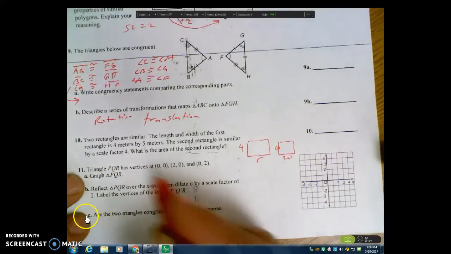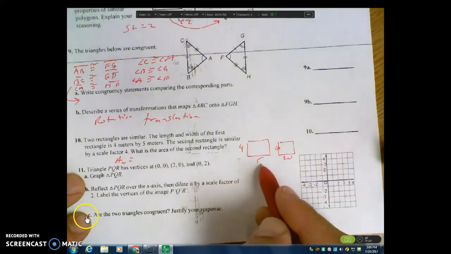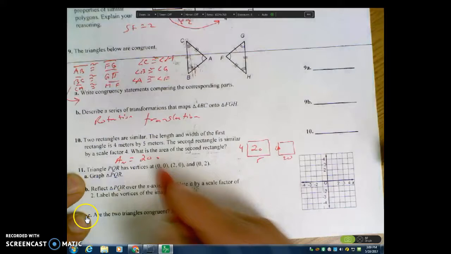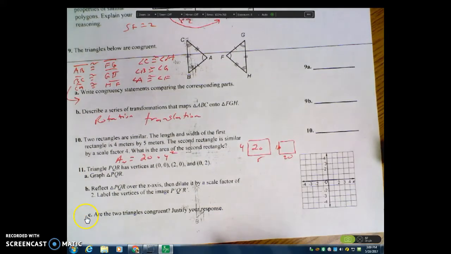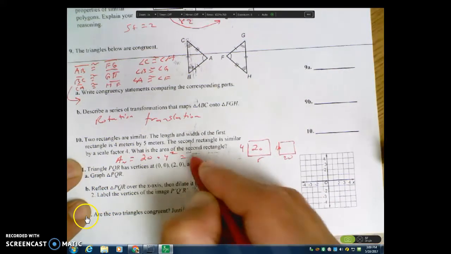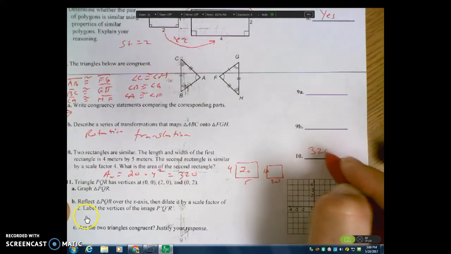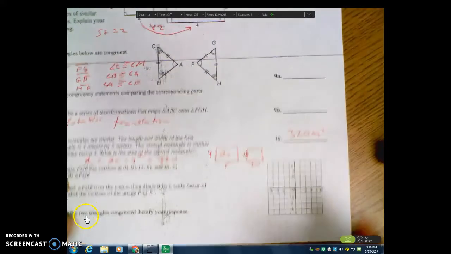But really what they want you to do is use that formula. The area of the new equals the area of the old, which 4 times 5 is 20, times the scale factor squared. So 20 times 16 is 320. And that is the area for number 10, 320. Okay, do we have meters? Meters squared because it's the area.